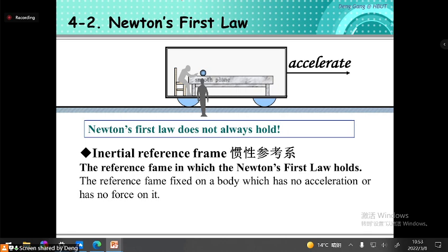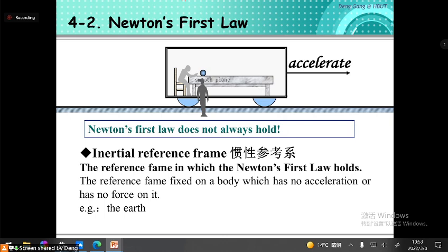And if we choose the ground as a reference frame, that is also an inertial reference frame. But if you choose the train, that is not, because the acceleration of this train is not 0. So that's the inertial reference frame.